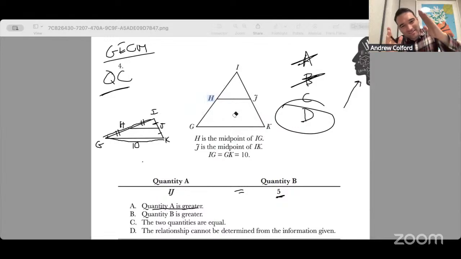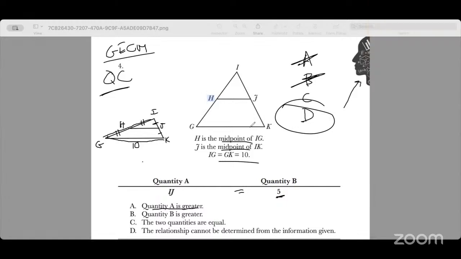It looks maybe a little tilted to the right, but the way to really stress test a quantitative comparison geometry question is to try to redraw the picture radically differently, but keeping all the constraints in place. And that usually reveals something about it. Got it.